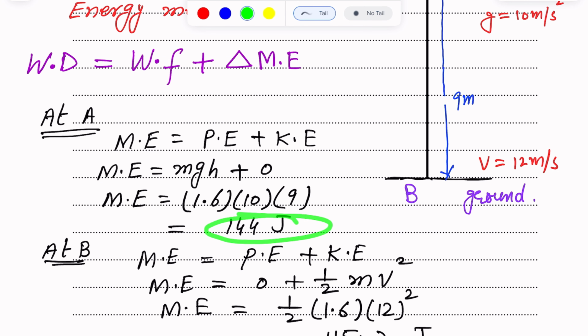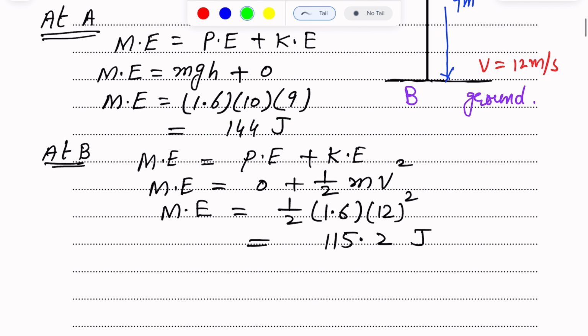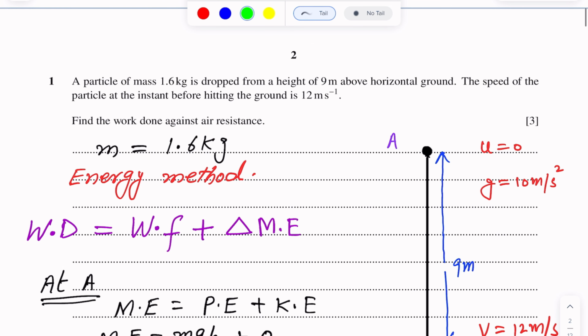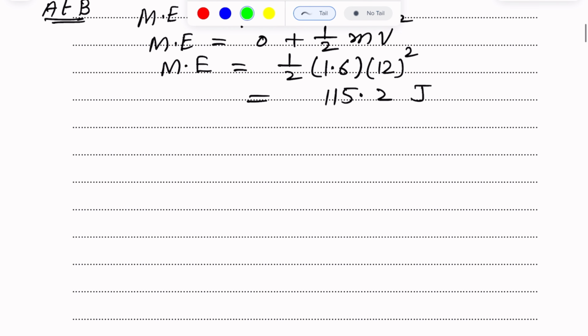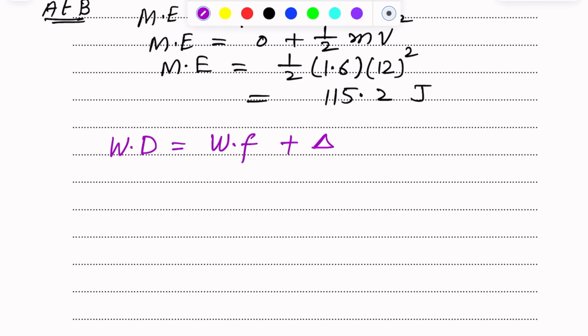Mechanical energy at point A is 144, mechanical energy at point B is 115.2. Now we put these values in the work-energy relation. Work done by driving force is equal to work against friction plus change in mechanical energy.